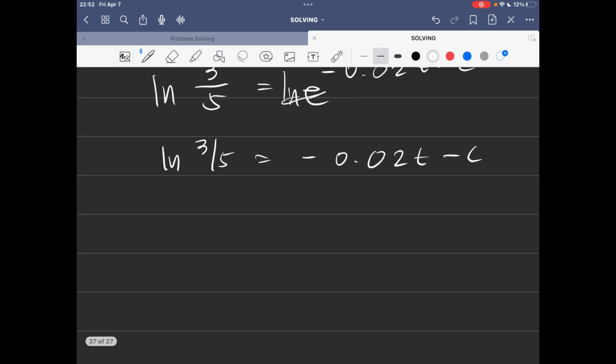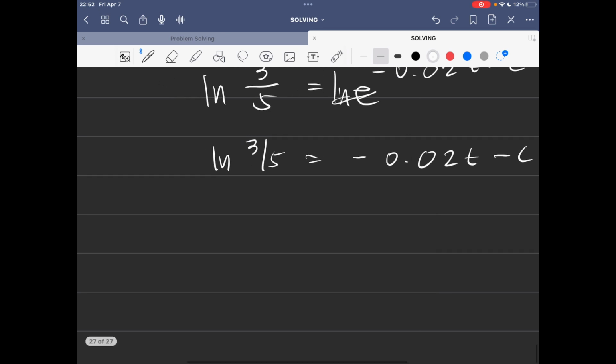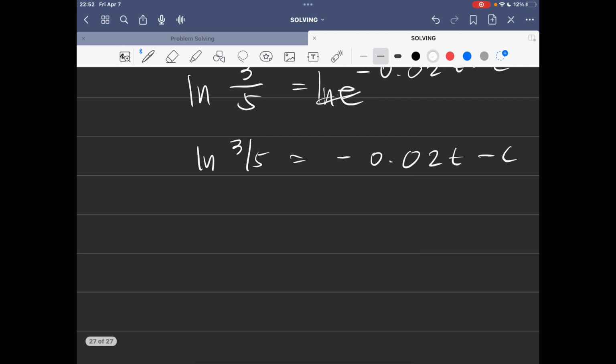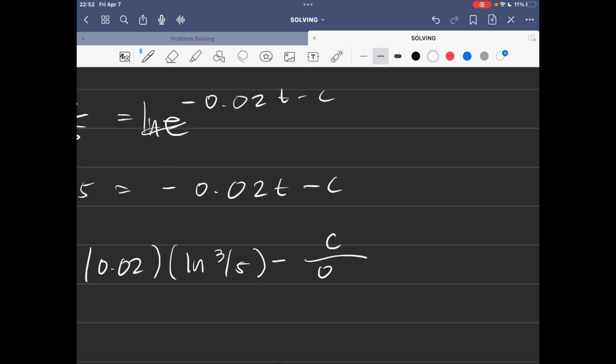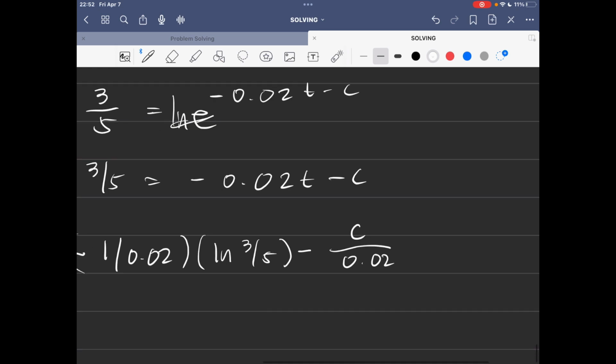Then we can separate t, which is equal to t is equal to negative 1 over 0.02 times ln of 3 over 5 minus c over 0.02.